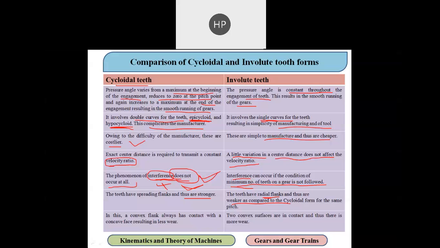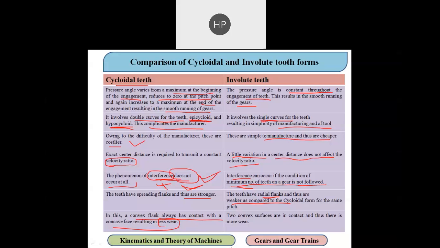And in this, a convex flank always has contact with a concave face, resulting in less wear. Okay, so this is important. Less wear means the life of the cycloidal tooth is higher.